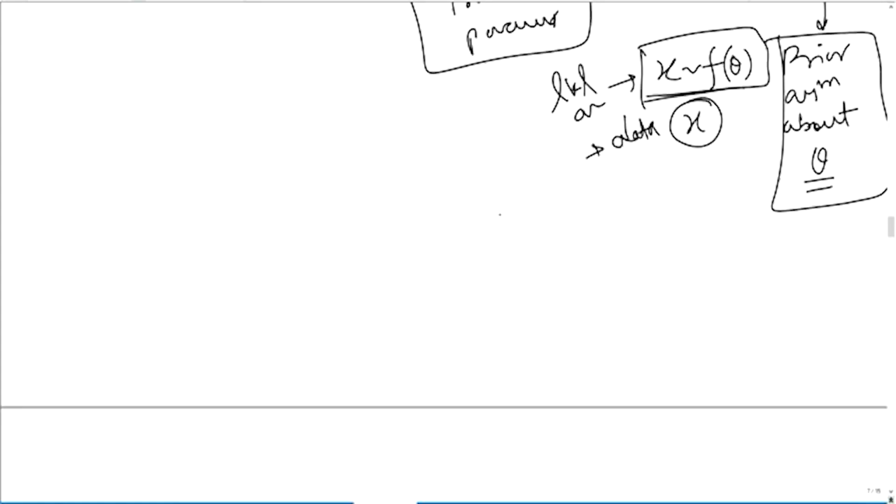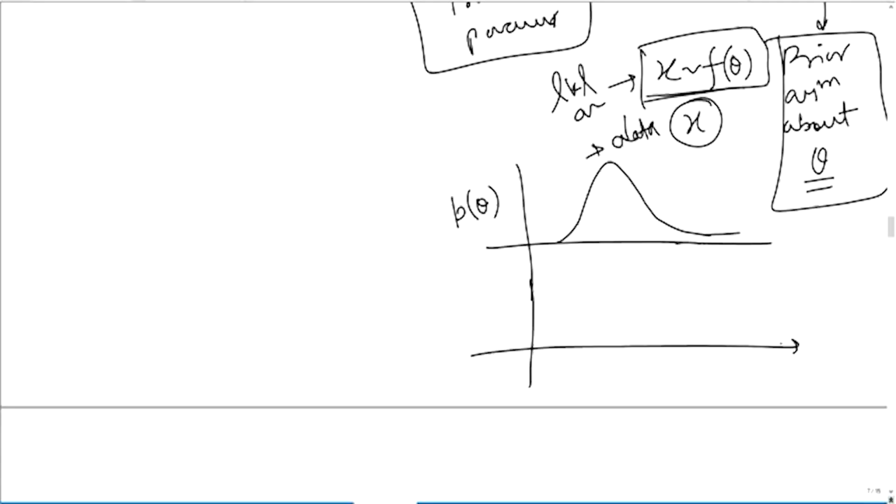Let's say this graph indicates the prior distribution of a parameter theta, and this is the graph of the likelihood of theta given the data, which is determined by the likelihood function as well as the actual data you have.